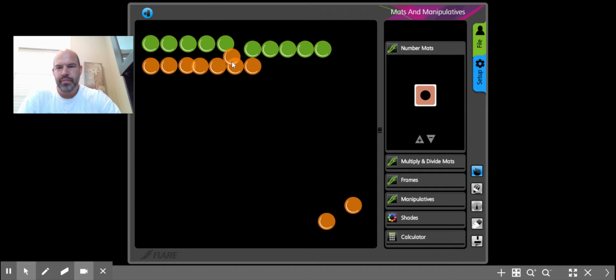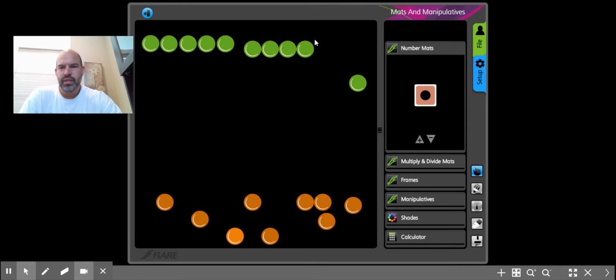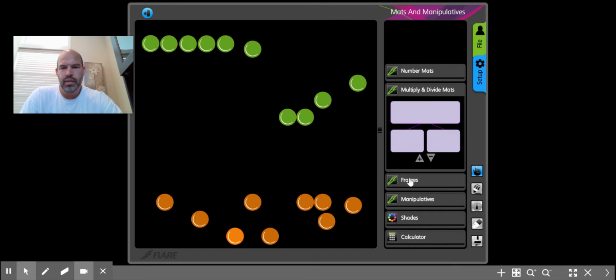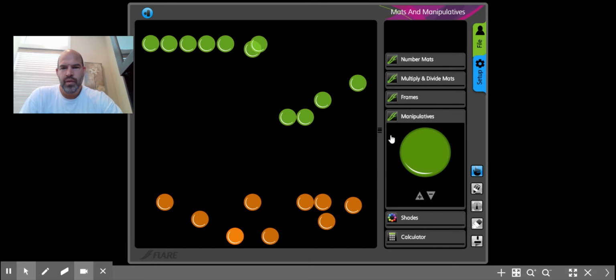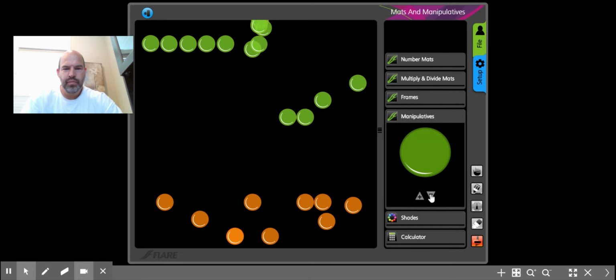Hopefully that makes sense to you guys. Let's try a different problem. Let's take these apart here. And I think we can actually add more counters. I believe so. Let me see what we can do. No, that's not what we want. Okay. So theoretically, we can go in here and put some more counters, right? No, those are other shapes.